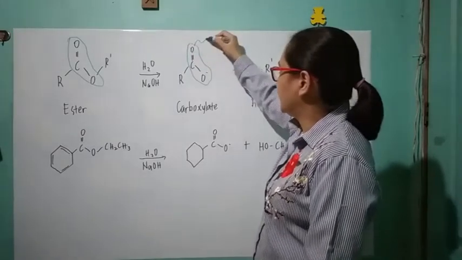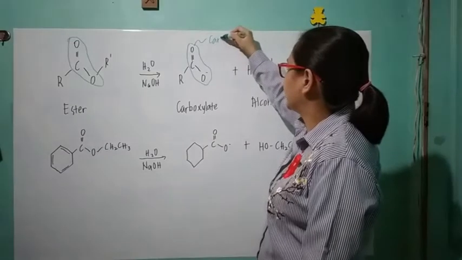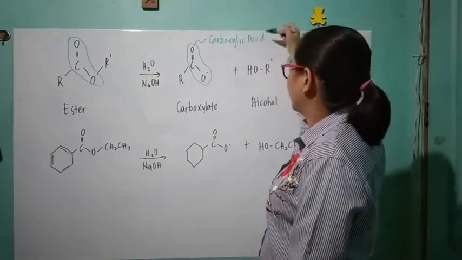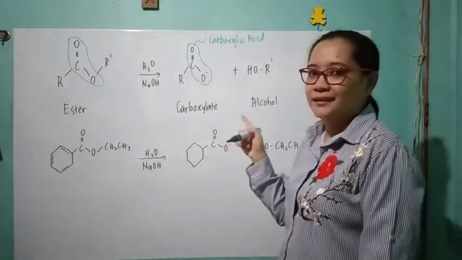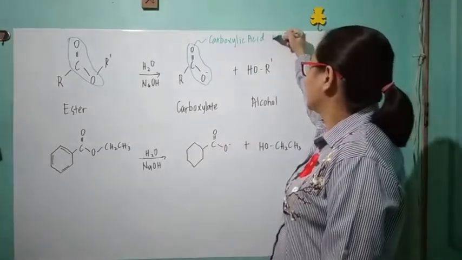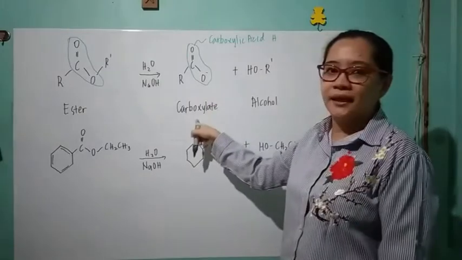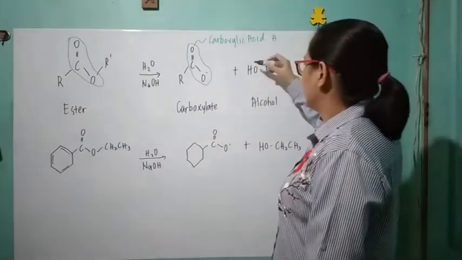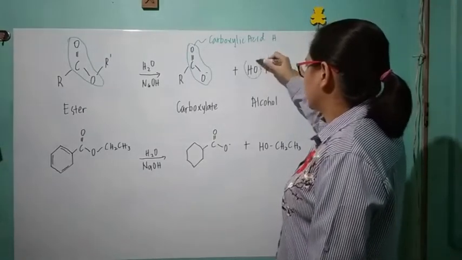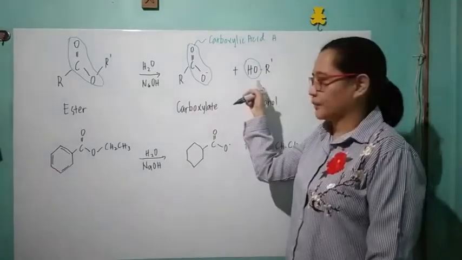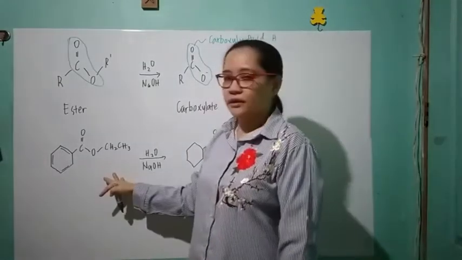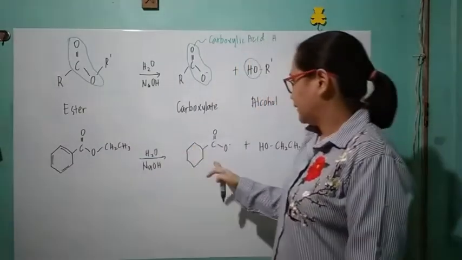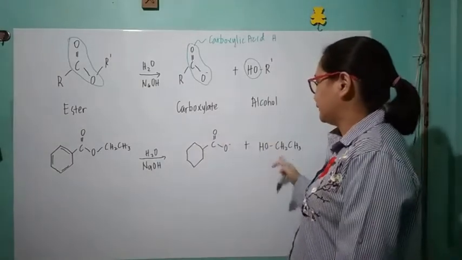This is a carboxylic acid functional group, but since H is missing, we call it carboxylate. And then plus alcohol, which is indicated by this group. Below is a structural example of an ester, carboxylate, and alcohol.